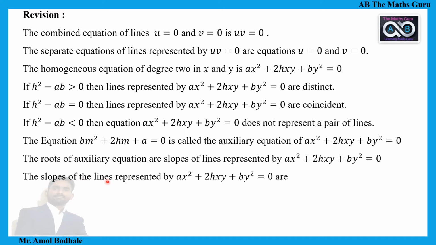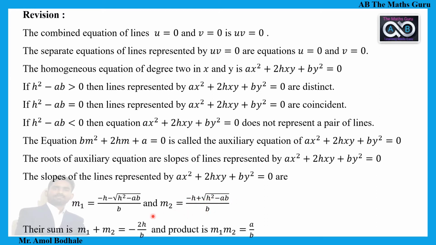The slopes are m1 and m2. Here m1 is minus h minus square root of h square minus ab, upon b, and m2 is minus h plus square root of h square minus ab, upon b. Their sum, m1 plus m2, is minus 2h upon b, and their product, m1 into m2, equals a upon b. These all parts we have already learned.